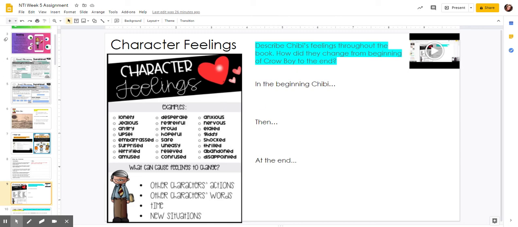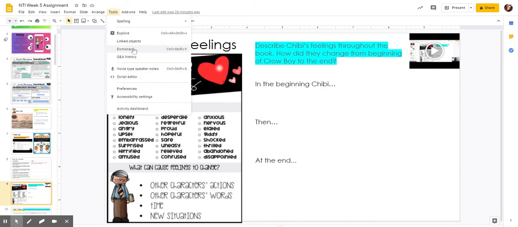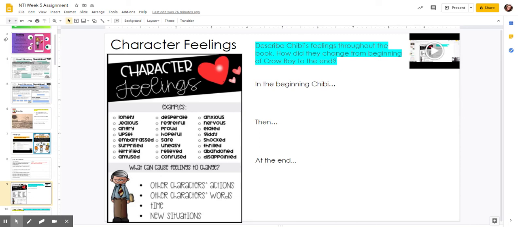If you're not sure what those words mean, come up here to Tools and Dictionary, and you can look it up, and it will give you a definition so you have a better understanding. But when you're going to describe Chibi's feelings throughout the story, please try your best to use some new vocabulary.